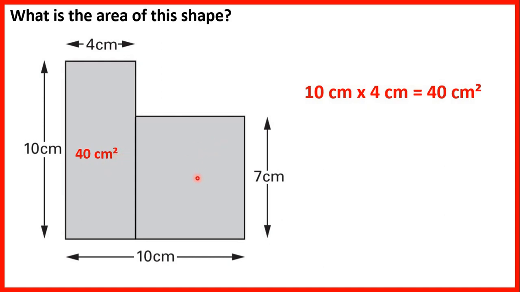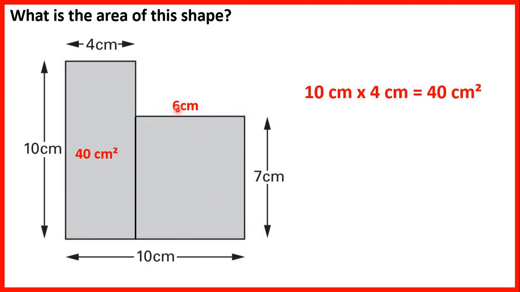But now for this rectangle, we know that one of the side lengths is 7 centimetres, but we don't know the other one. We can work it out because we know that this length here is 10 centimetres and this length up here is 4 centimetres. So we have 4 plus something is 10. That means we have 6 centimetres here because 4 plus 6 is 10.